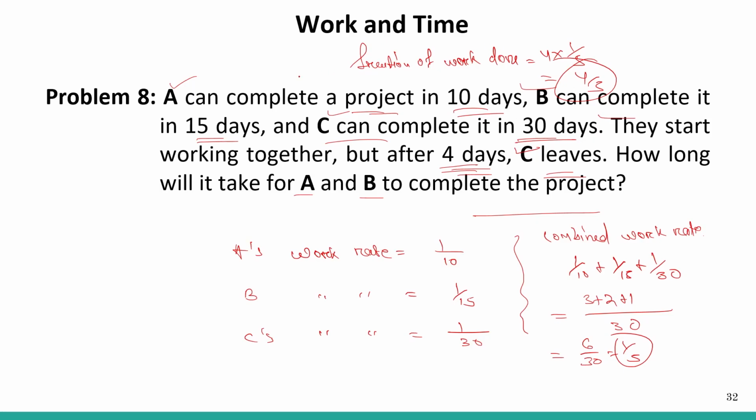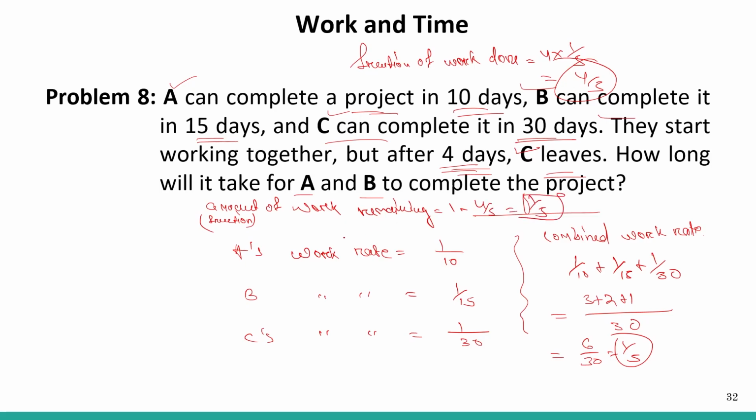Okay, so the amount, or you can also say fraction, of work remaining is equal to 1 minus 4 by 5. This is equal to 1 by 5.